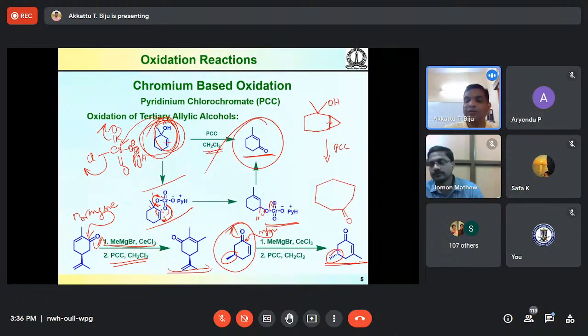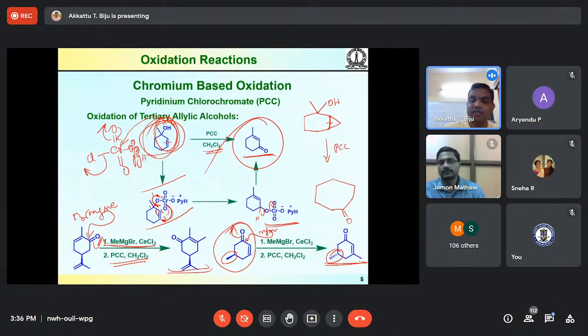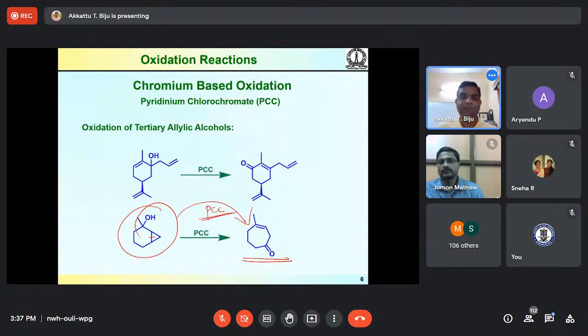So essentially the product will be formed with a different stereochemistry because you have inverted the positions of these two carbons at the end of the reaction, because originally the methyl group is coming here, but in the product it is coming at this carbon as a result of the mirror image structure. So this is also a wonderful example where you can combine the PCC oxidation with an allyl alcohol bond forming reaction.